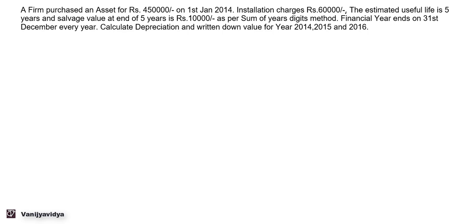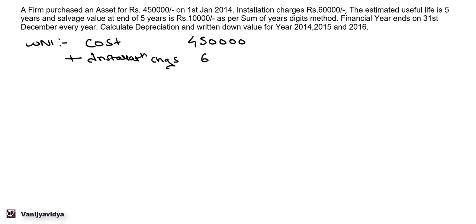So let us first calculate what is the depreciable amount. So depreciable amount is your cost, that is 4,50,000. This is working note 1. Then plus your installation charges, that is 60,000.